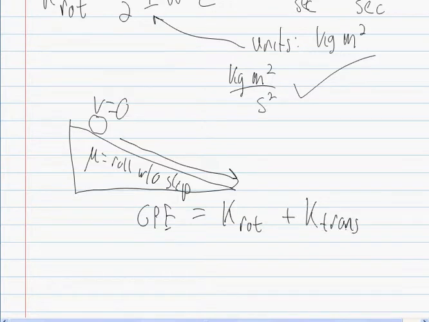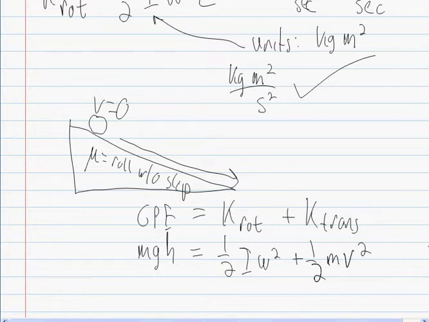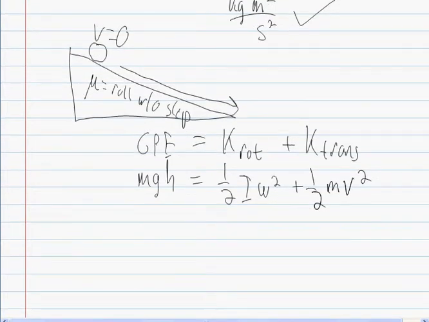So this is going to be mgh, just like before, but it's going to be 1/2 I omega squared plus 1/2 mv squared. And we're going to figure out ways to combine these two.